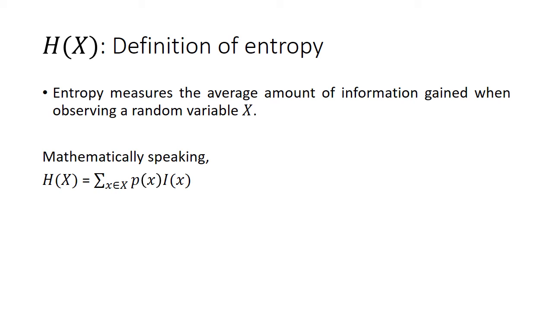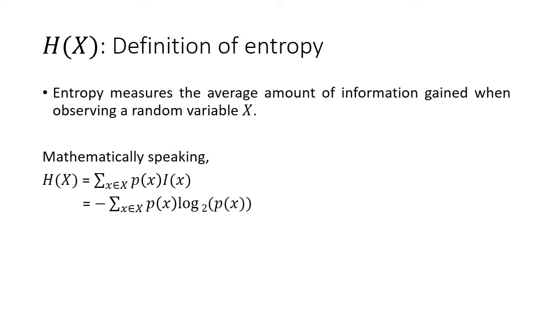Now we already know this expression for I of x, we can substitute that here and we get an expression that says minus sigma p log p. Simple as that. That's how you get a definition and expression of entropy.